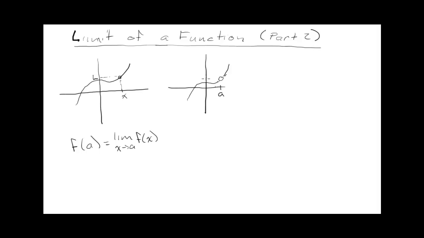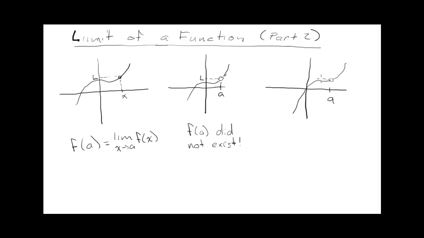So you couldn't evaluate the function, but the limit still existed. So in this case, f at a did not exist. And then there's a third case where limits can exist. So f at a could exist, but you could still have a hole. So I have a hole there.